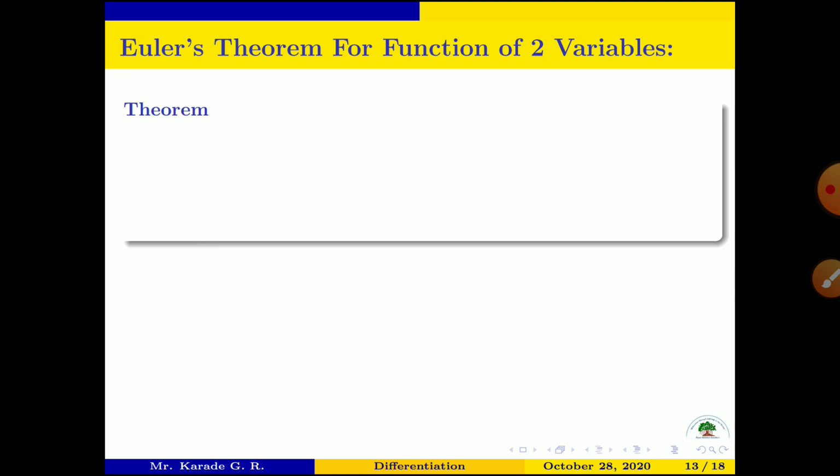Okay, now we state the theorem, Euler's theorem for functions of two variables. So let us write the statement of this theorem.